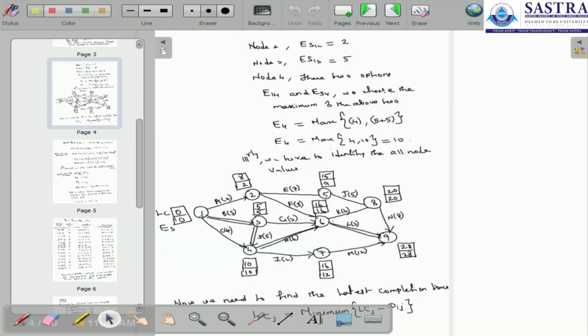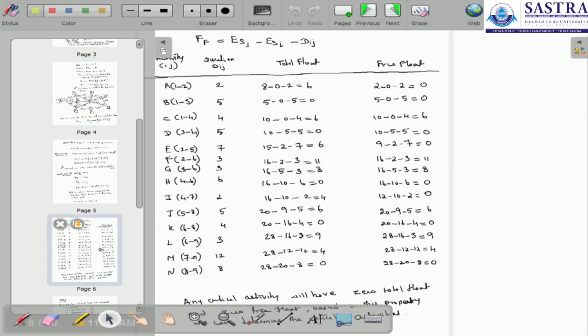The earliest start time is 0, and the latest completion time is 8. So LC_j minus the earliest start time minus the duration is 8 minus 0 minus 2, which is equal to 6, the first value.